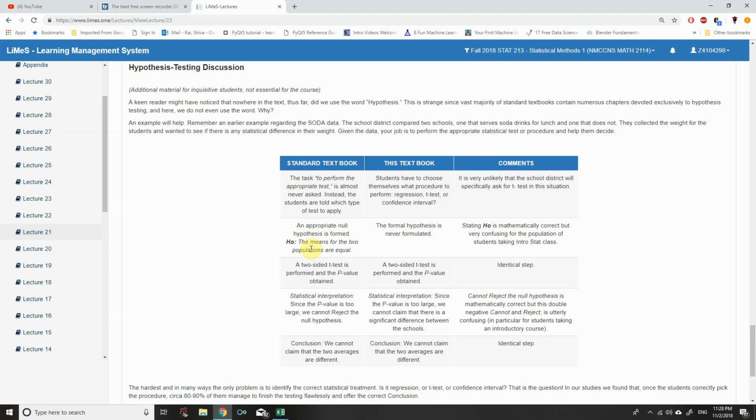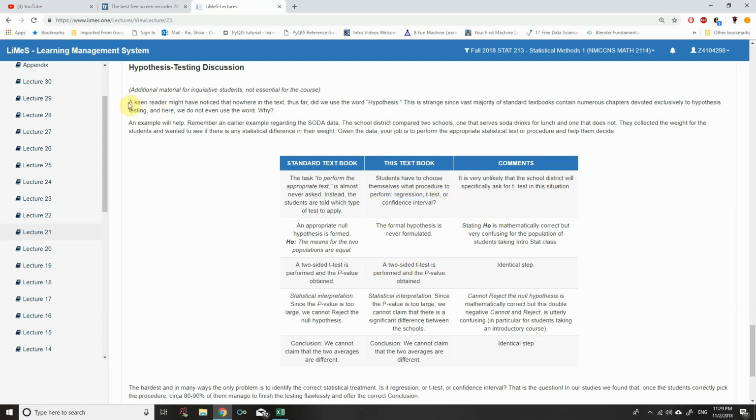It is quite confusing to make anyone clear about what the null hypothesis and alternative hypothesis are. But in our textbook we haven't done that. We have simply discussed p-values and worked with regression, t-test, one-tailed and two-tailed, and confidence intervals. We will be talking about confidence intervals much more in the next lecture.